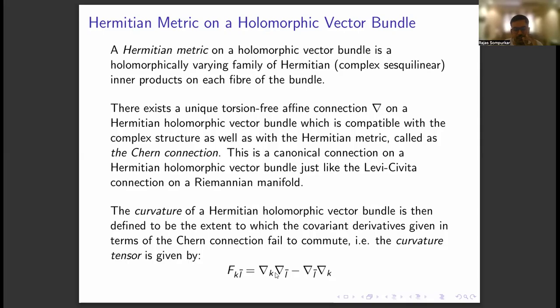So del by del z_k is a holomorphic vector field, and del by del z_l bar is an anti-holomorphic vector field. These covariant derivatives in general do not commute, and the extent to which they fail to commute is given by the curvature of the bundle. If the covariant derivatives commute, then the curvature is 0. Otherwise, it is not 0. So this is roughly the curvature tensor. But we will see the formula for this curvature in the case of a smooth manifold.